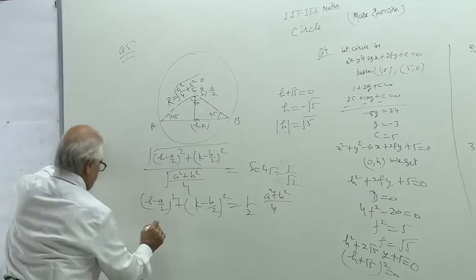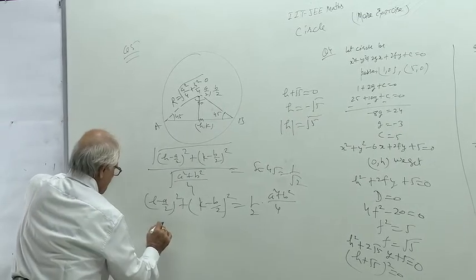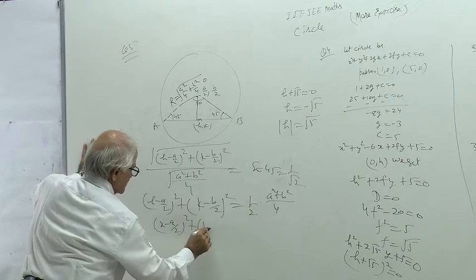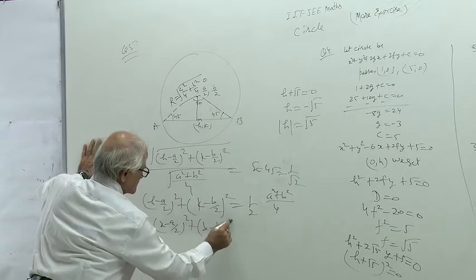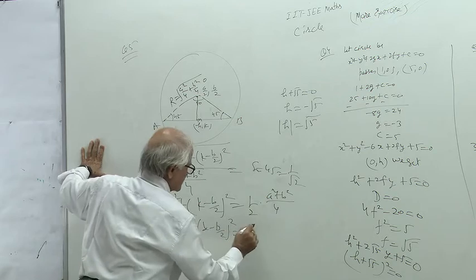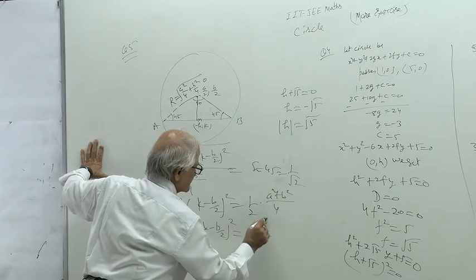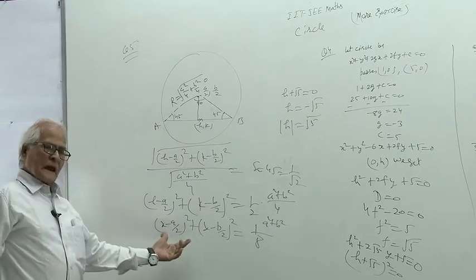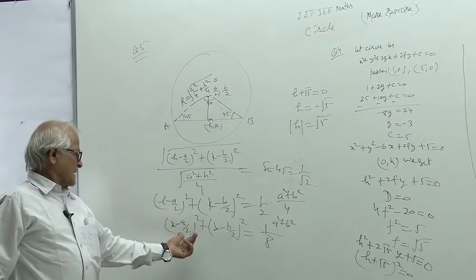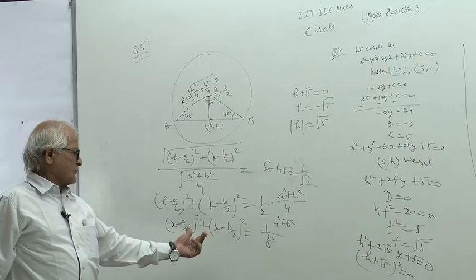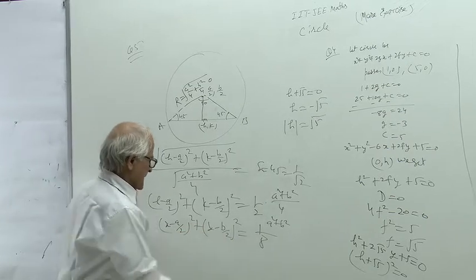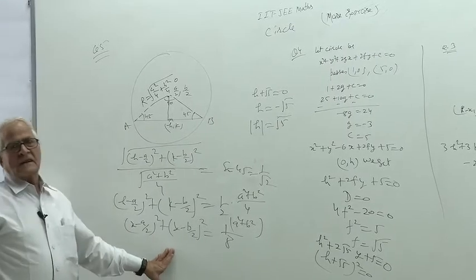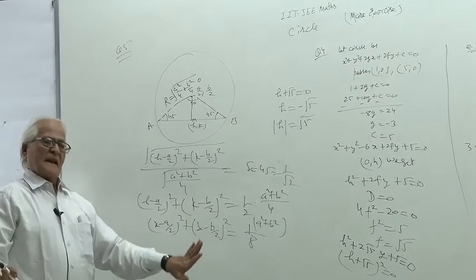Now generalize this: (x minus a/2) whole squared plus (y minus b/2) whole squared equals 1 upon 8 times (a squared plus b squared). Now we expand this. We will have a squared over 4, b squared over 4, and here we are getting a squared b squared over 8. So only the plus a squared b squared over 8 will remain.